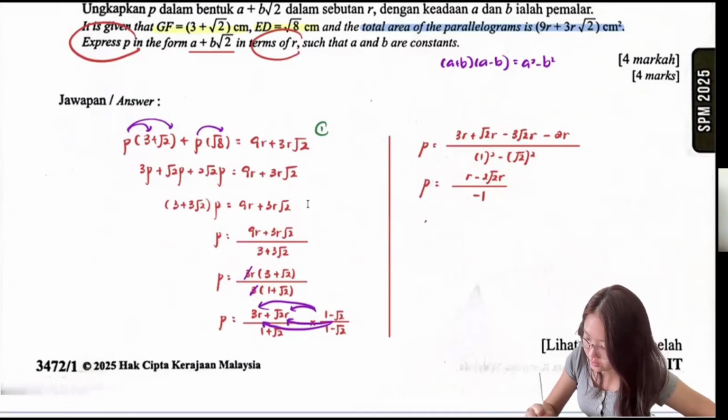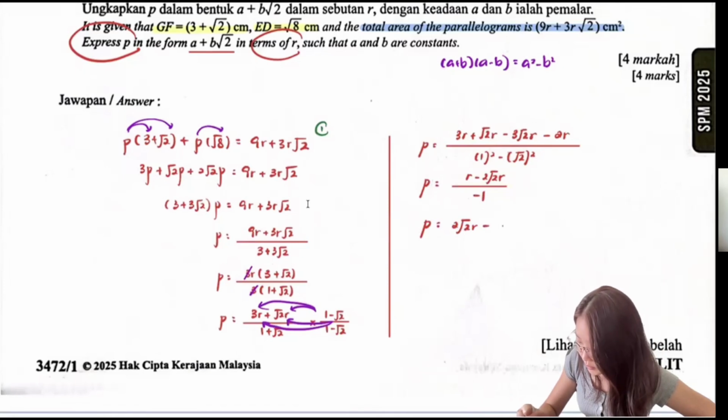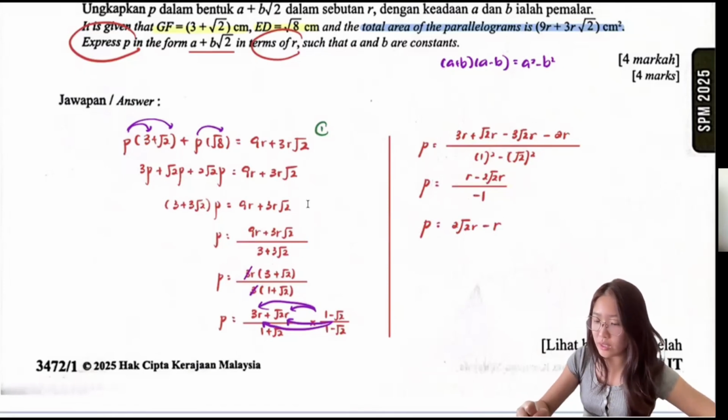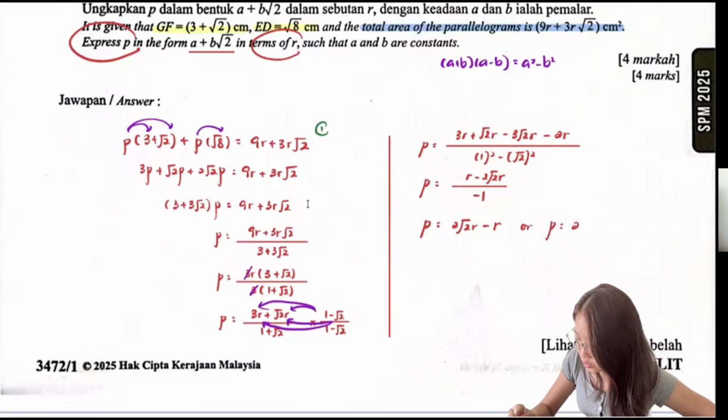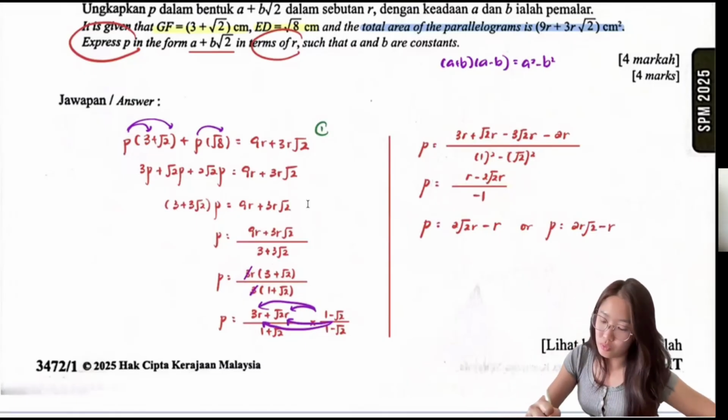Then your answer, P equals to 2 SURD2R minus R, because you're dividing with a negative number. Now, if you don't like this, you can write your answer P equals to 2R SURD2 minus R. Boleh, up to you.